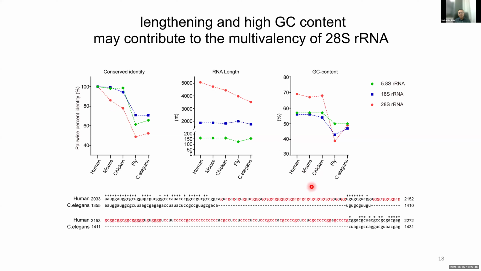You can see here that the extra region compared to human C. elegans is almost free of GC. So we propose that lengthening and high GC content may contribute to the multivalency of 28S ribosomal RNA.